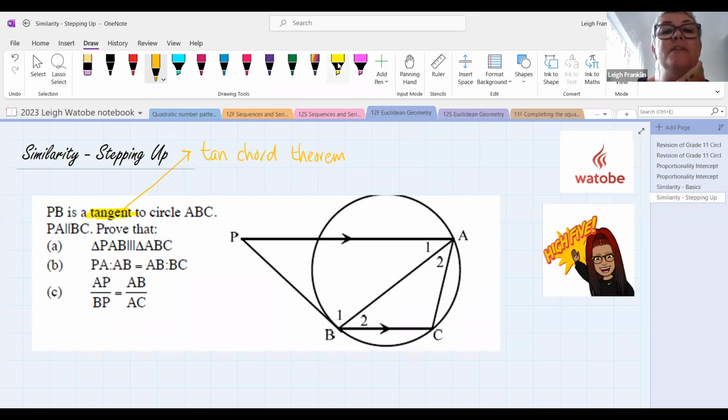And those of you that said tan chord theorem, can you remember how tan chord theorem works? Do we recall how it works, or are we just working in the blind here? Do we remember tan chord theorem? Yes or no? Thumbs up, thumbs down. Let's go, guys.